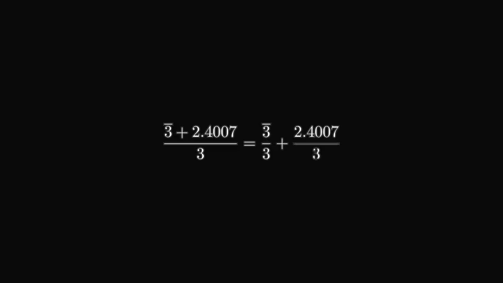To divide easily, we borrow 2 from the mantissa. So we rewrite it as bar 3 plus 2.4007. Now divide each part by 3.